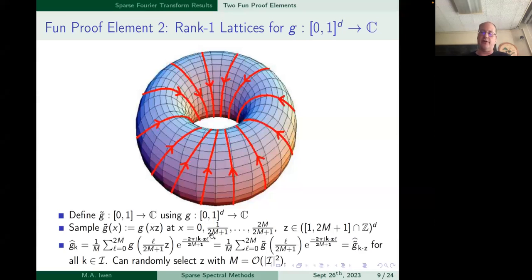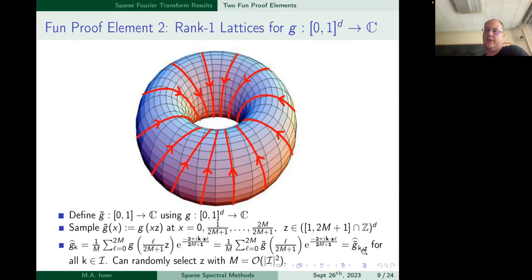And if I take the discrete Fourier transform of G at frequency K and write out what it's going to be in terms of this G tilde that I've defined using G, I can see that if I compute the Fourier series coefficients of G tilde, this function of 1 variable, using whatever nice method I have for computing Fourier coefficients of a function of 1 variable, I'm going to get exactly Fourier series coefficients of this function of D variables, except at a frequency that's equal to that frequency vector K dotted with Z, which I chose, right?